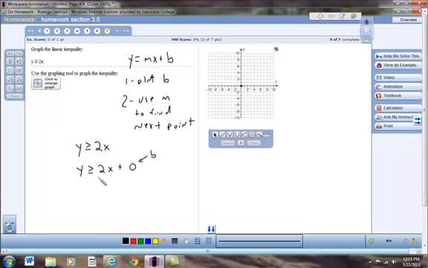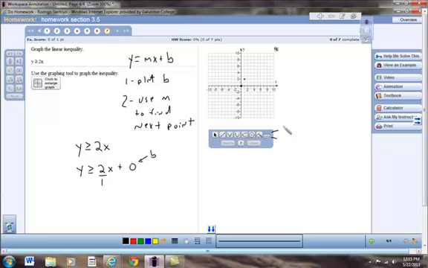Now remember, our slope is 2, but we could put that as a fraction by putting it over 1. Which means from this point we're going to go up 2 and to the right 1. And we go up because our slope is positive. So one thing about inequalities is how do we use a line? Are we going to use a solid line, or are we going to use a dashed line?